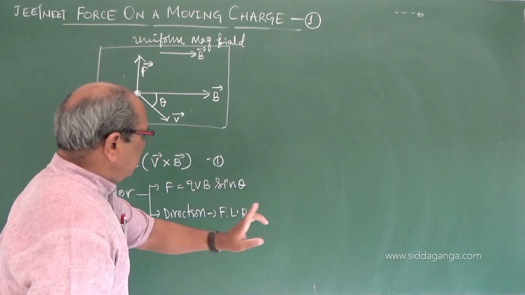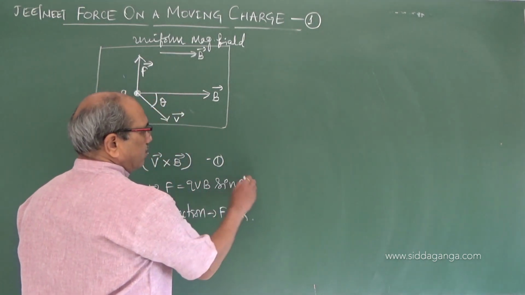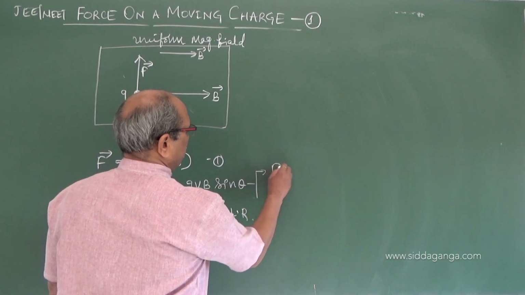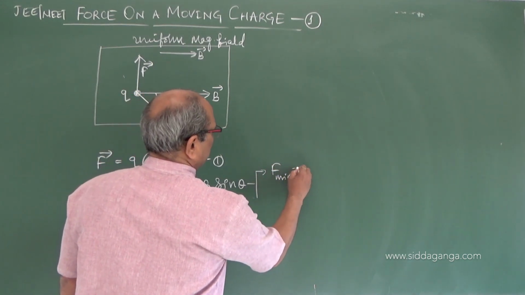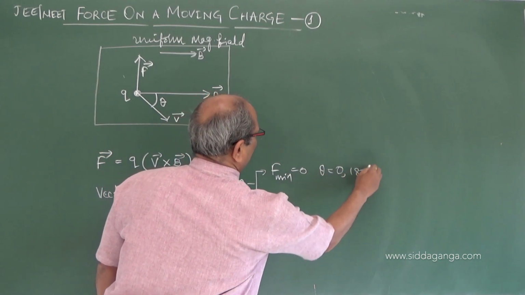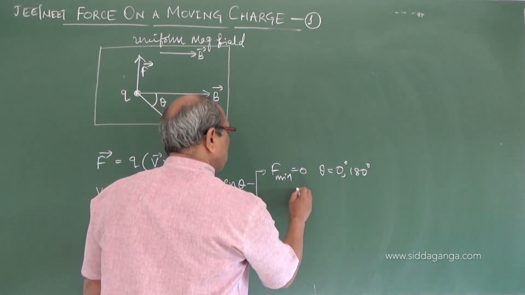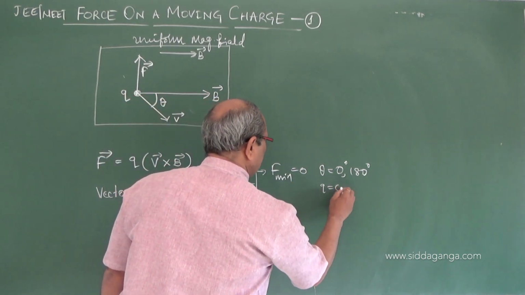Now, how to find the direction? However, you now know the two cases. The minimum force is equal to 0 when theta equals 0 or 180 degrees. Again, I am saying the force may be 0 if the charge is at rest.